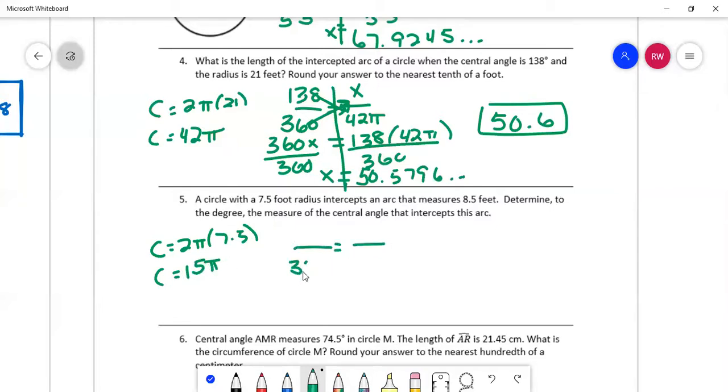Let's set up my proportion. We know that 360 always goes on the bottom. We want to find the central angle. So the circle with a 7.5-foot radius intercepts an arc that measures 8.5 feet. So my arc length, and then my circumference is 15 pi. Let's cross multiply. 15 pi x is equal to 360 times 8.5.